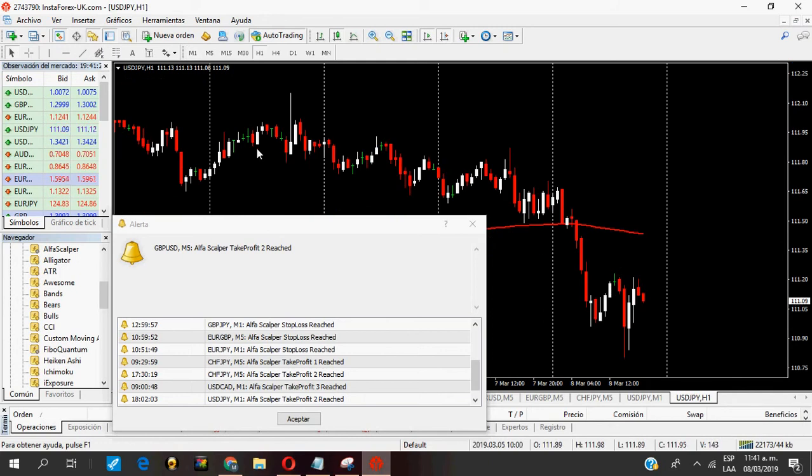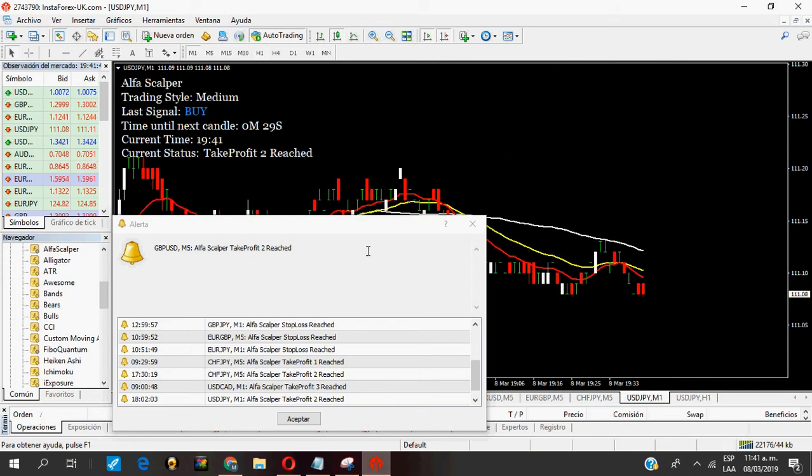We open the hour chart and we can see clearly that the price has been going down and is below the 200 moving average. This is clearly an indication that the trend is down. So, the trend is down, so we should not open a buy signal. We should wait for the next sell signal.